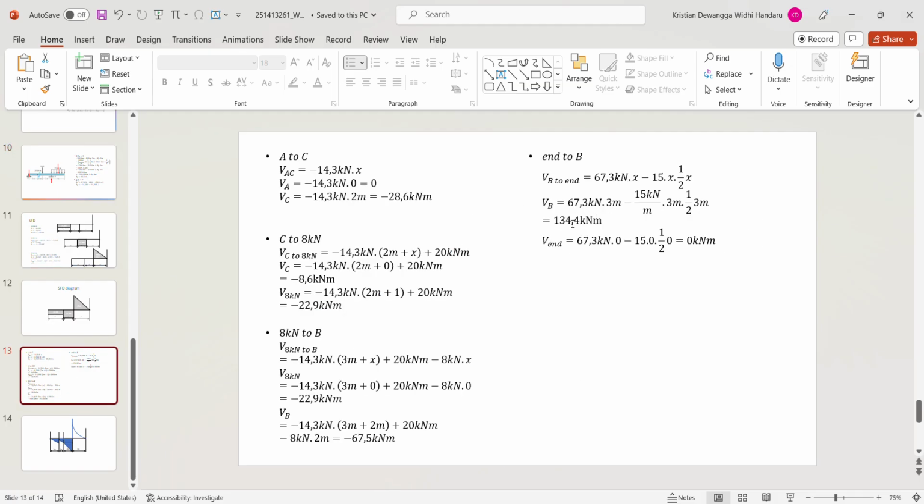And then from that we can use the VB. VB has 3 meter length from the N, so we just input it like this, change X to 3, and the final answer for VB is 134.4 kilonewton meter. And then for the Vn, we just calculate and change X to 0, so the final answer for the Vn is 0 kilonewton meter.